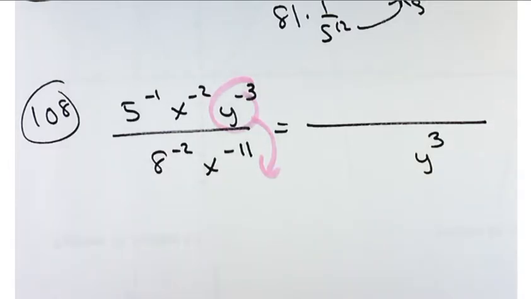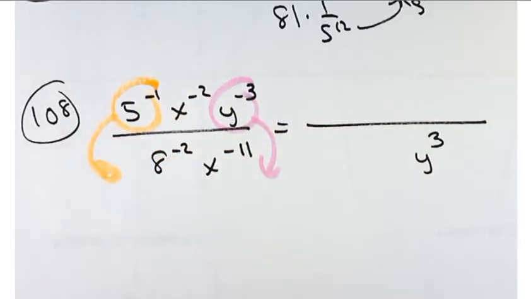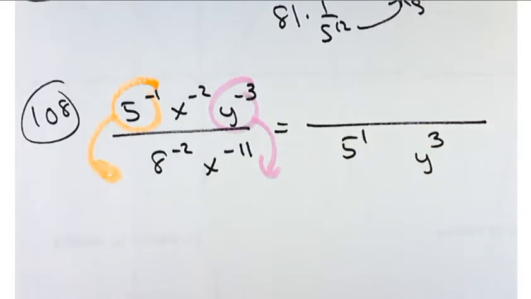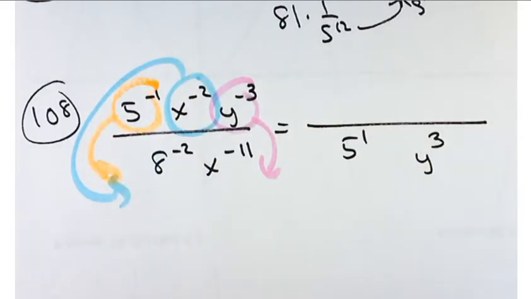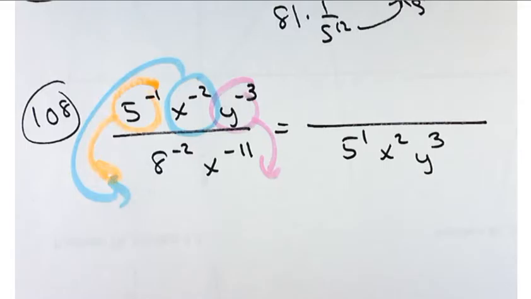We're going to get some more changes as well. 5 to the negative first power is going to come down in the denominator as well, as 5 to the positive first. X to the negative second comes down to the denominator as x to the positive second.